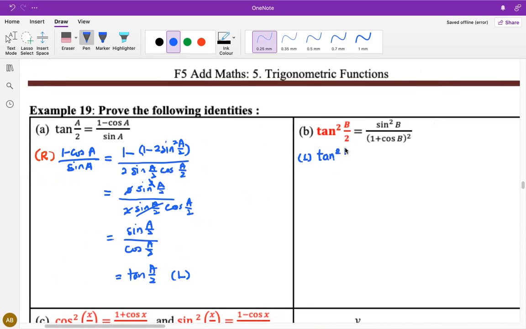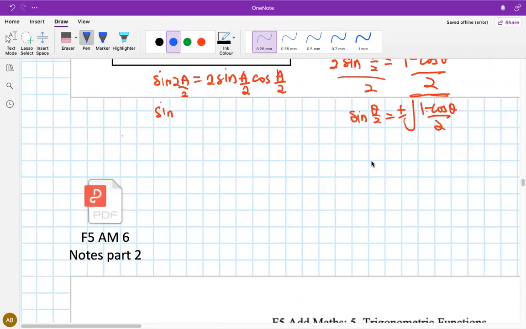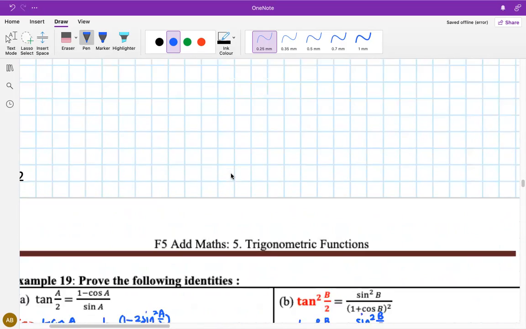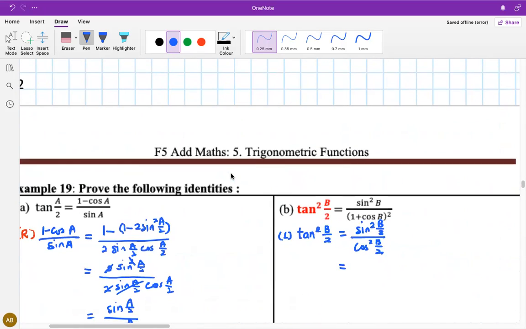Okay, tangent square B over 2 is sine square B over 2 over cos square B over 2. What is sine square B over 2? Sine square B over 2 is here, so sine square B over 2 is (1 minus cos B) over 2.